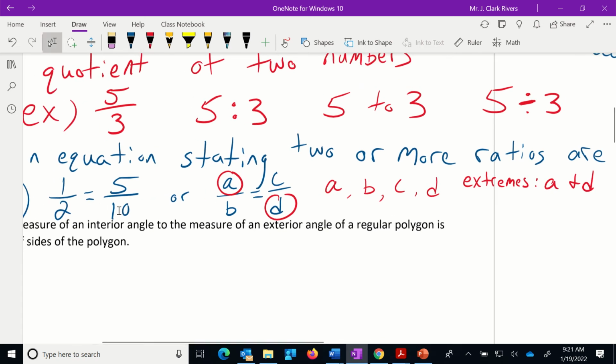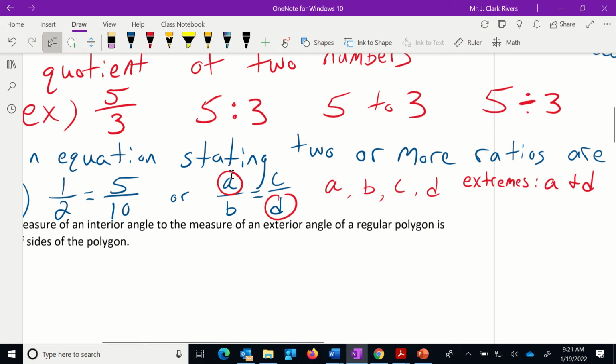So looking at this other proportion over here, what are the extremes of 1/2 is equal to 5/10? A is in the top left, D is in the bottom right. 1 is in the top left, 10 is in the bottom right. 1 is an extreme, 10 is an extreme.